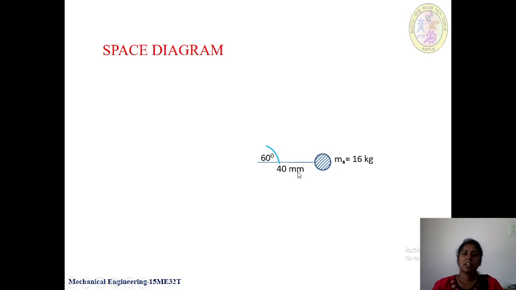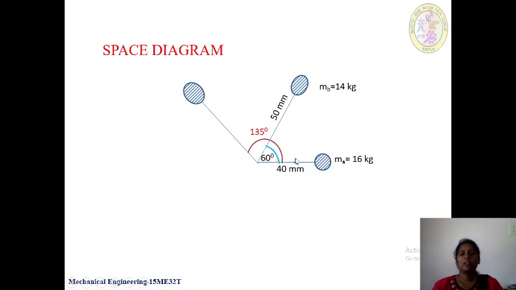MB, our second mass, is acting at 60 degrees from mass A, and that is of 14 kg at the radius of 50 mm. And our third mass MC is acting at 135 degrees from mass A. Here in this problem we are referring all the angles from mass A. That is our MC is equal to 22 kg acting at the radius of 60 mm.